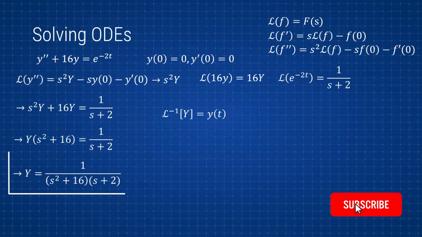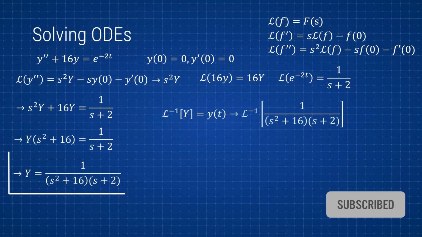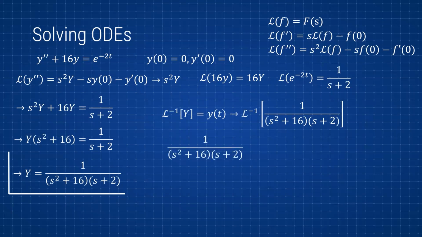So we want to find y of t, of course. So what we'll do is we take the Laplace inverse of all of that, 1 over s squared plus 16 times s plus 2. We can use partial fraction decomposition. You can see that for the first term, because the power on the bottom is a square, the power on the numerator has to be 1 less.